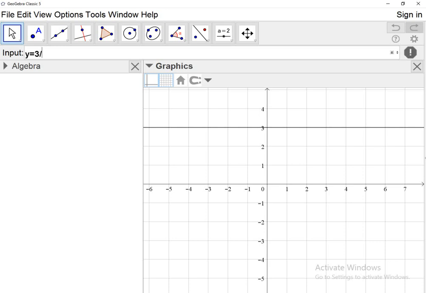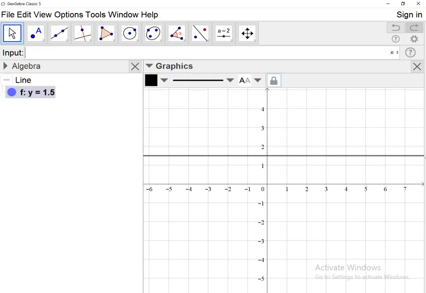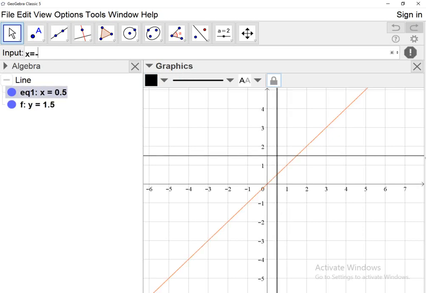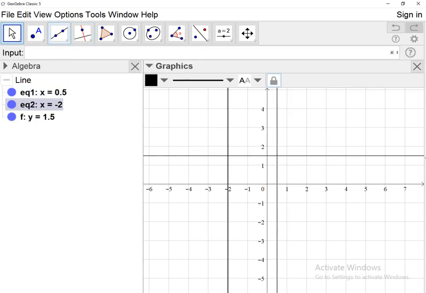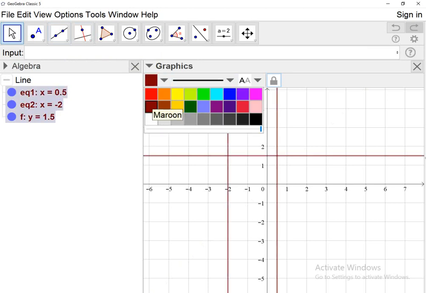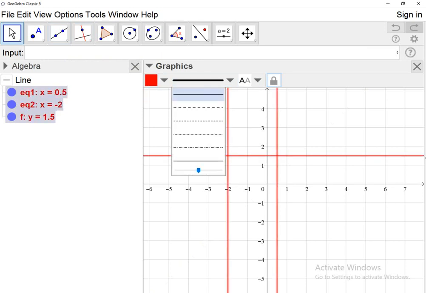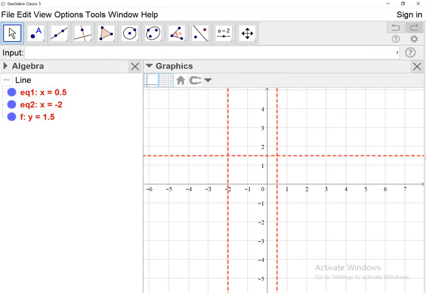So the horizontal asymptote is y equals 3/2, and then we had x equals positive 1/2 and x equals -2, right? Those are our asymptotes, and my hope is that you see that they break our graph into 6 separate regions.